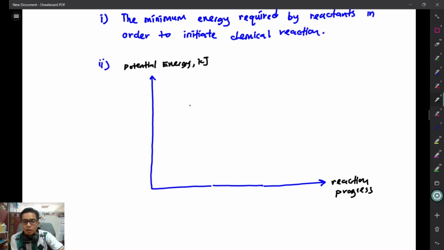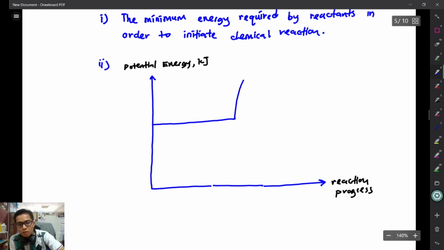Label the reactant and product. Given to you negative, so exothermic. Was EA given? 120. So EA is still bigger than its delta H. So this is our reactant. EA is a bit higher. The product can just be like that.